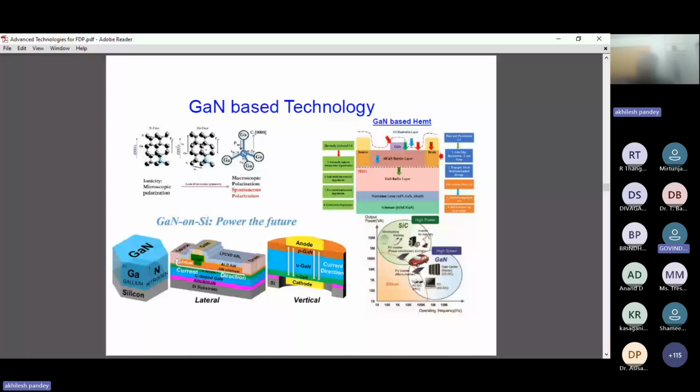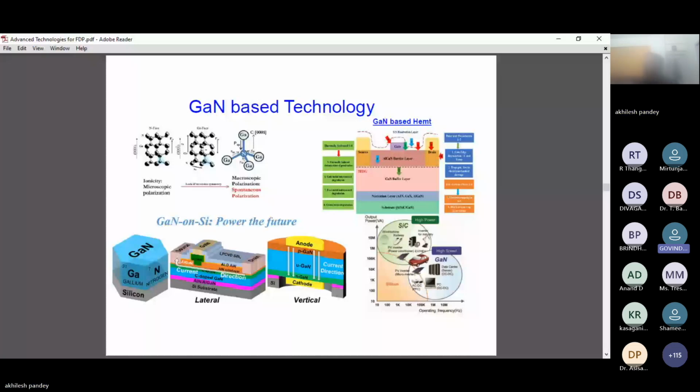Then device fabrication has to be done. There is a source, gate, and drain. There are several steps shown here, but I am not going into much detail.